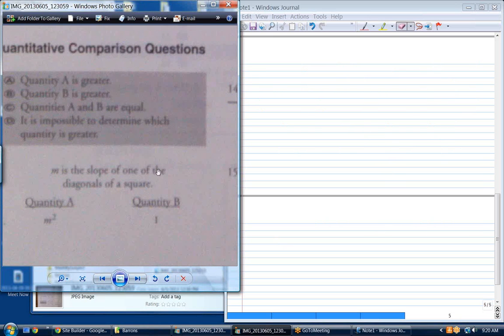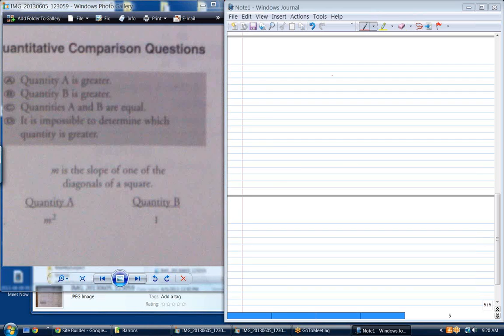M is the slope of one of the diagonals of a square. What's greater, m squared or 1?